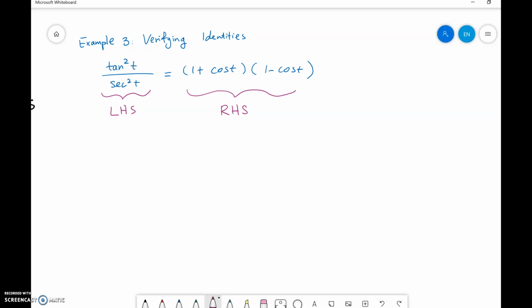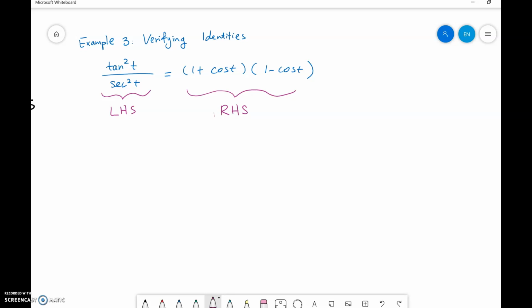For this one, even though the right hand side looks much longer, yes, we can multiply them, but because we have cosines mainly, we cannot really modify cosine. On the left hand side, we have tangent and secant.